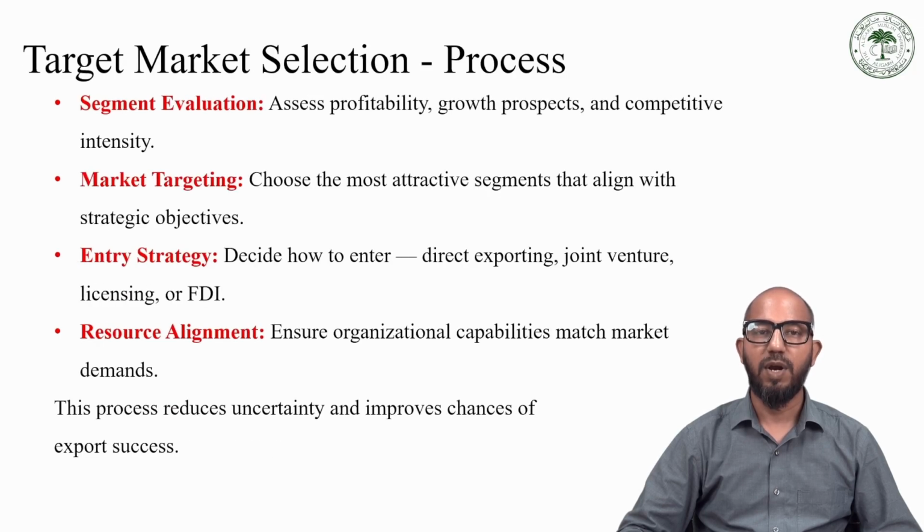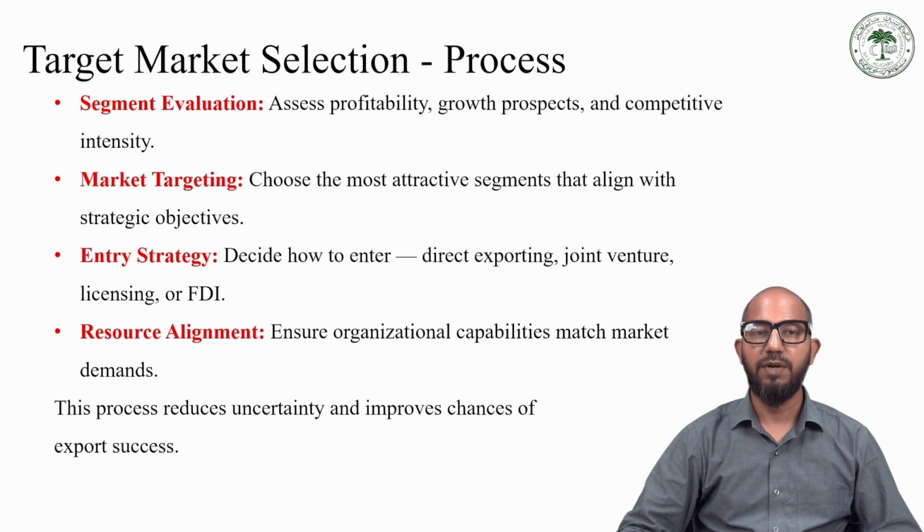Let us now try to understand the process of target market selection. This depends on four parameters. The first is segment evaluation, which assesses profitability, growth prospects, and competitive intensity. Then comes market targeting, which is the way to choose the most attractive segments that align with strategic objectives.